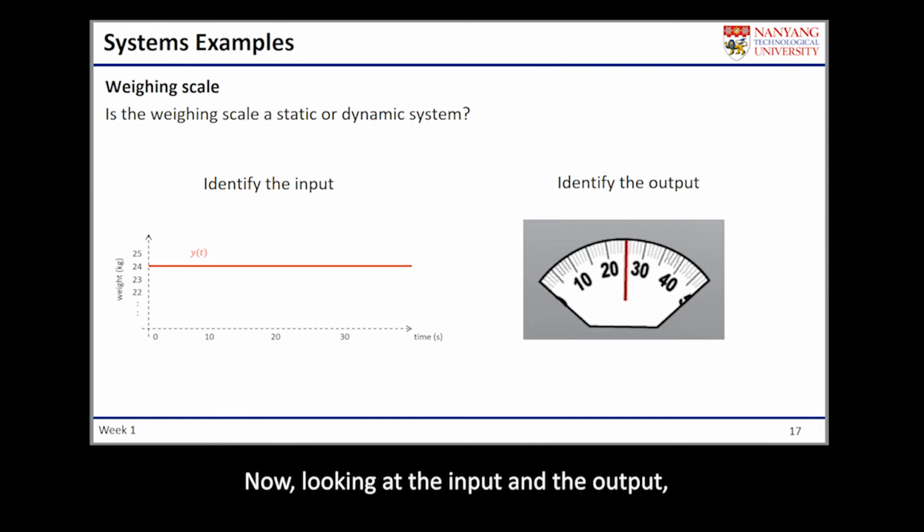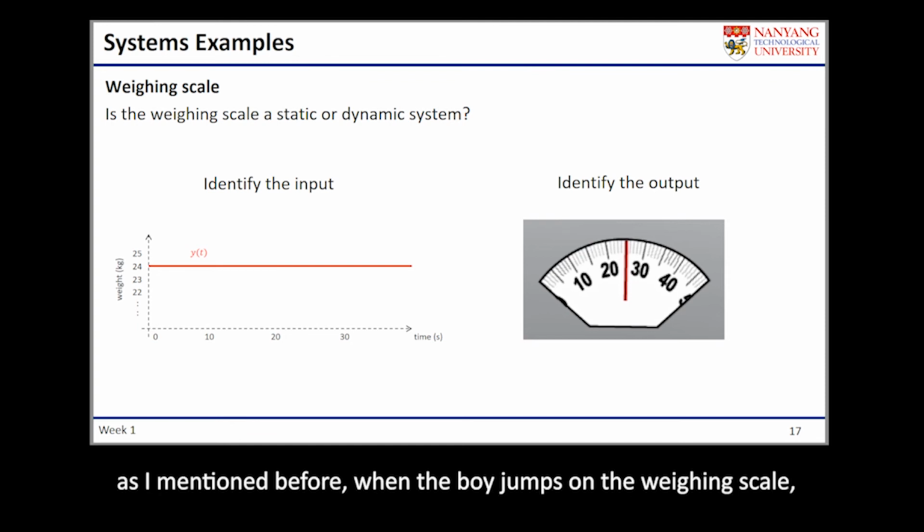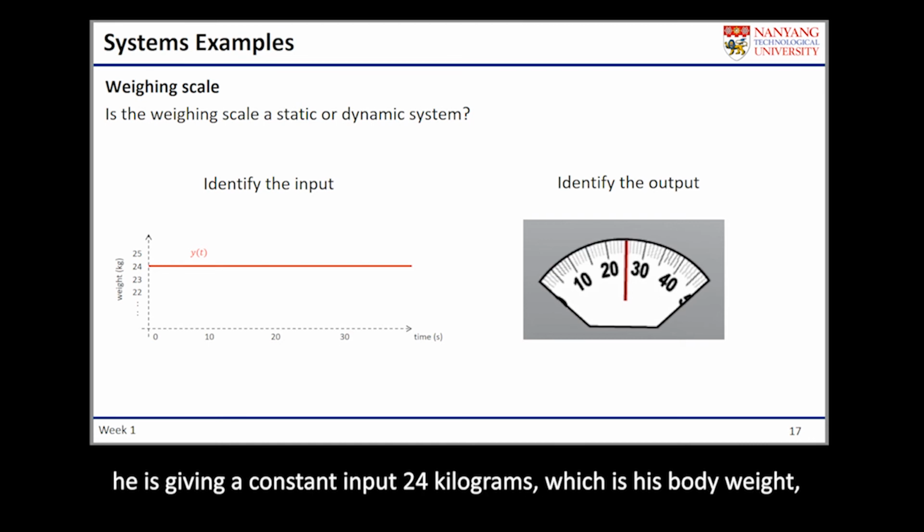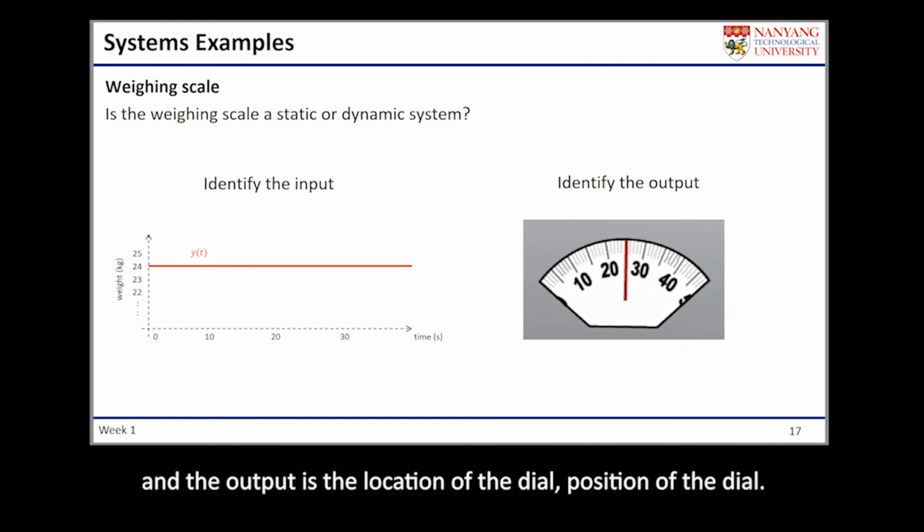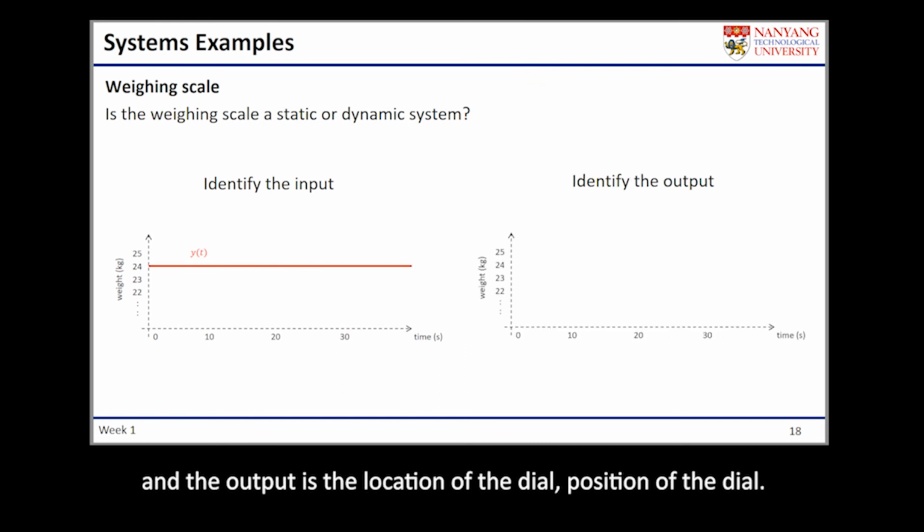Now, looking at the input and output, as I mentioned before, when the boy is jumping onto the weighing scale, he's giving a constant input, 24 kilograms, which is his body weight. And the output is the position of the dial.